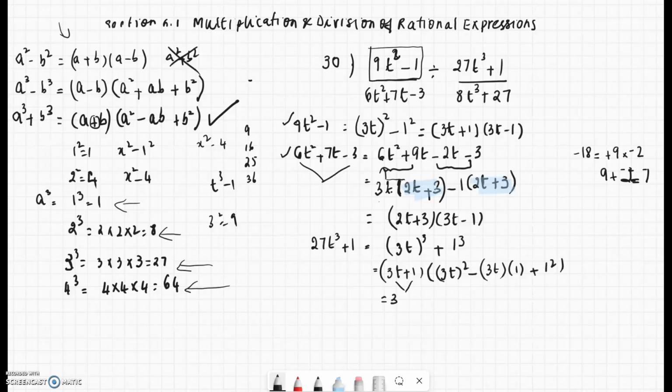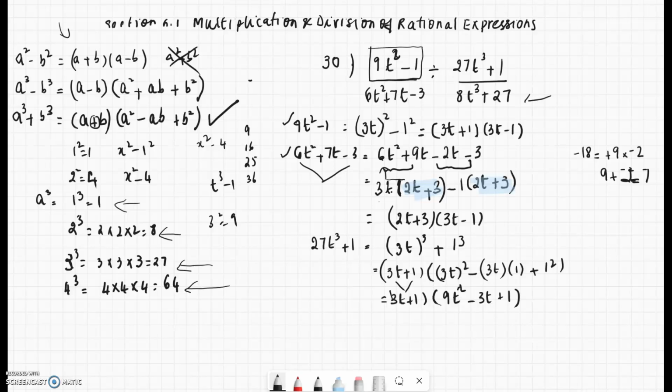So that's equal to 3t plus 1 times 3 squared t squared is 9t squared minus 3t plus 1 squared.